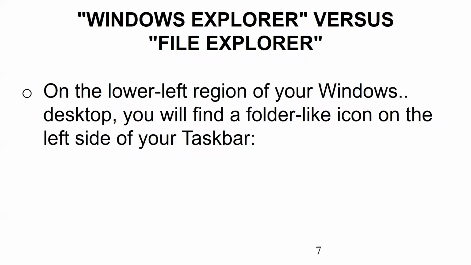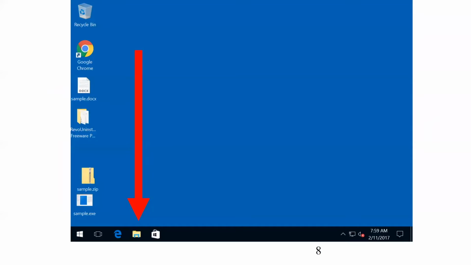In the lower left region of your Windows desktop, you will find a folder-like icon on the left side of your taskbar. There, see that? That folder-like icon got real fancy with Windows 10. They added the thing to hold up the folder, because that's a bookend, right? It looks like this.